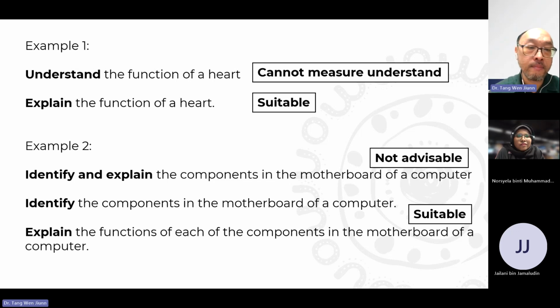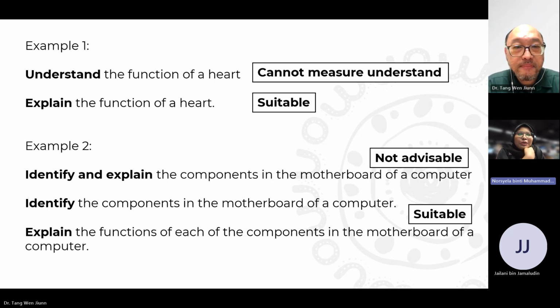Example 2: identify and explain the components in the motherboard of a computer. Is this okay? Sheila, what do you think? Identify and explain the components.